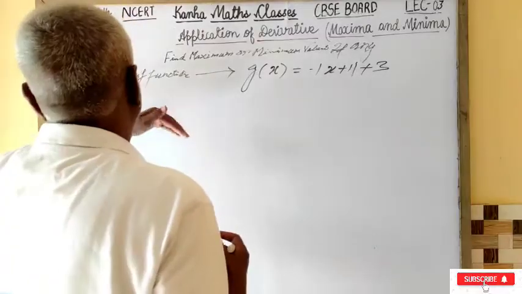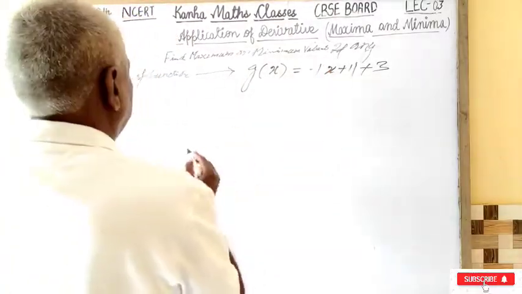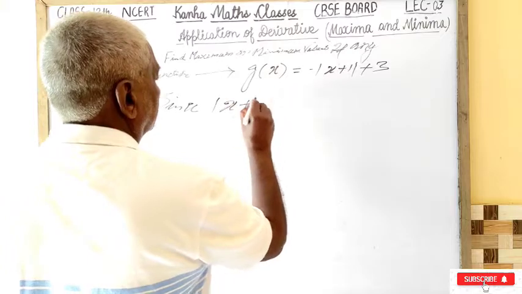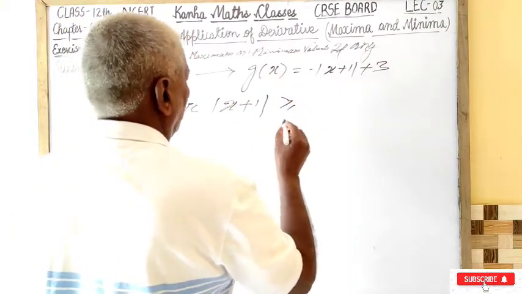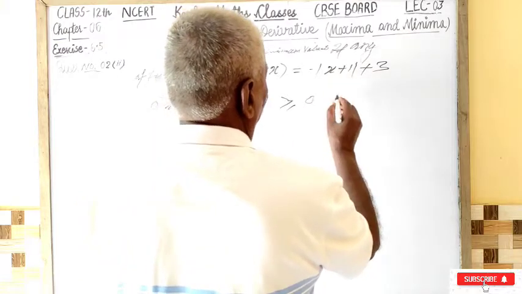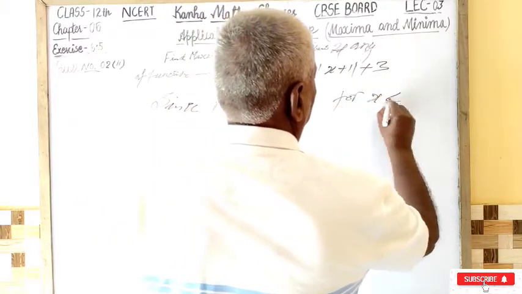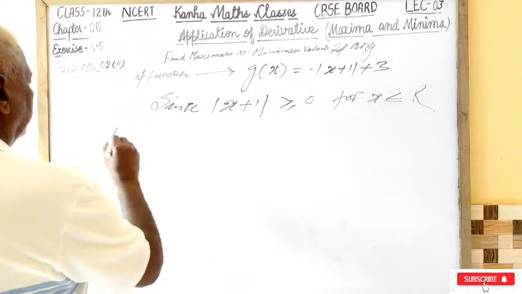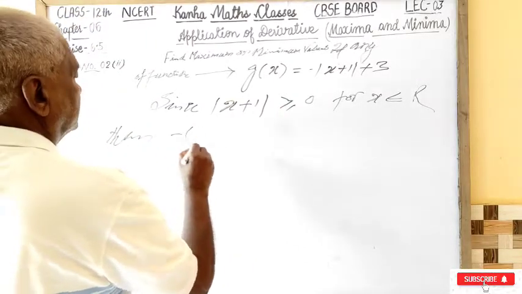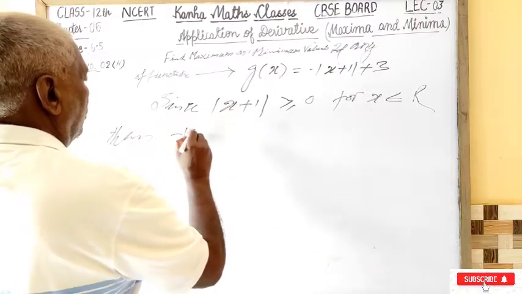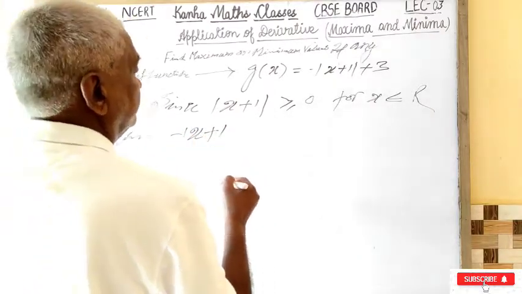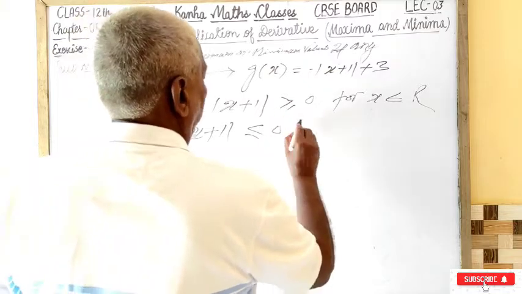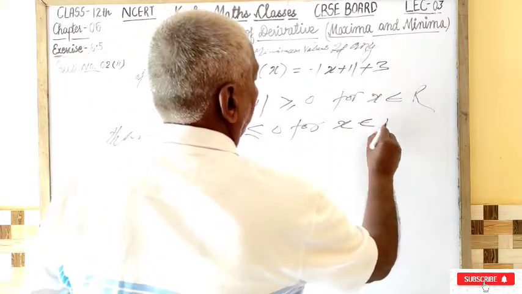We have already discussed in the previous part that |x + 1| is greater than or equal to 0 for x in R. Then, with the minus sign, -|x + 1| will be less than or equal to 0 for x in R.